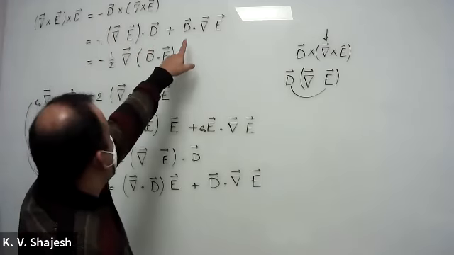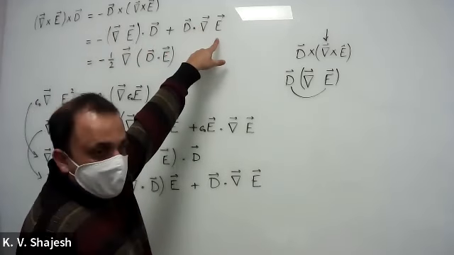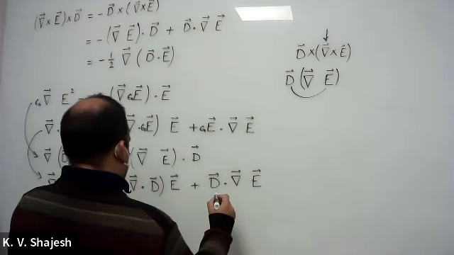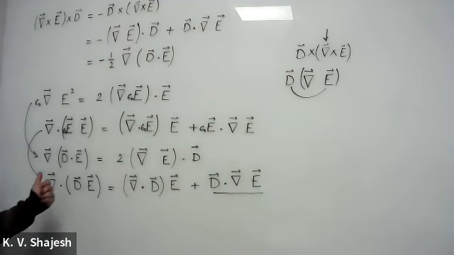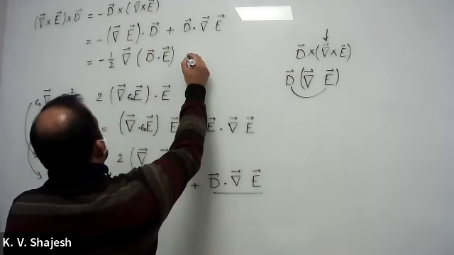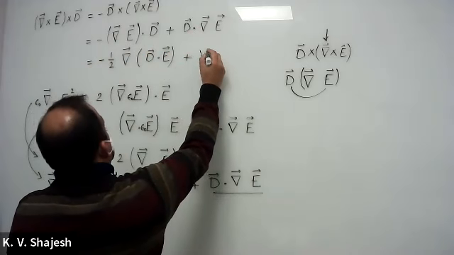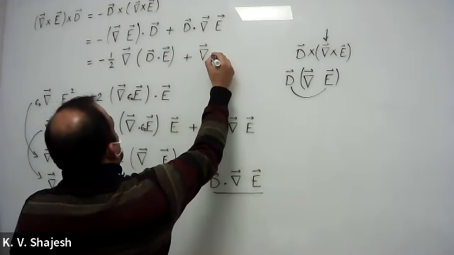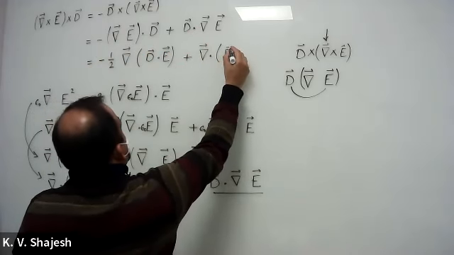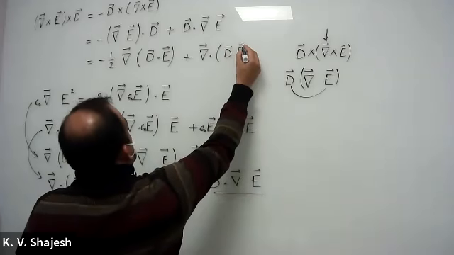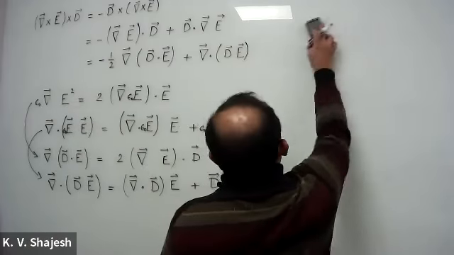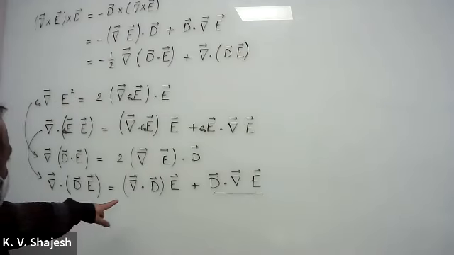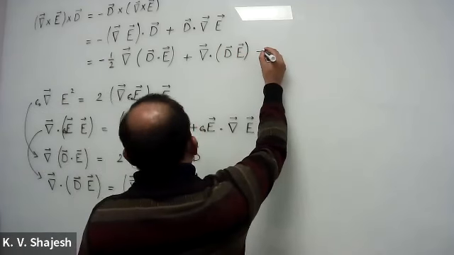And the second one is D, that's this term. Again, I subtract out, so this is equal to this plus DE, and I have to subtract this out, so that's minus.